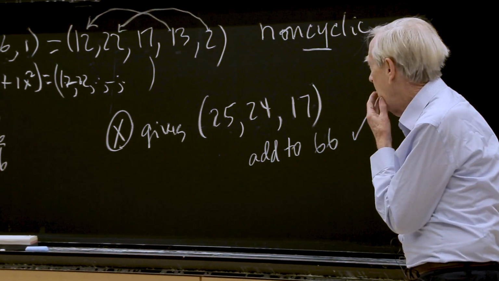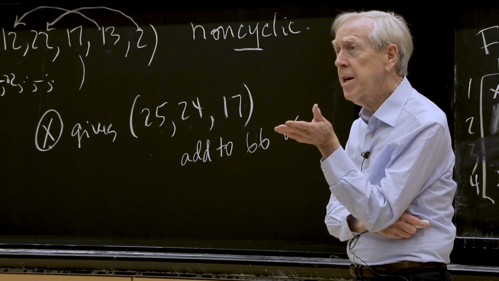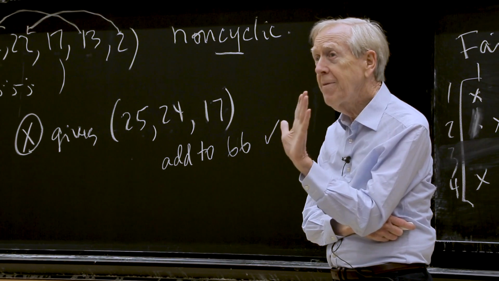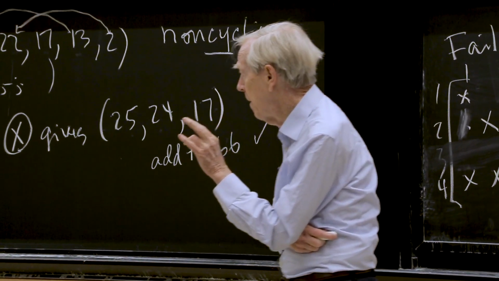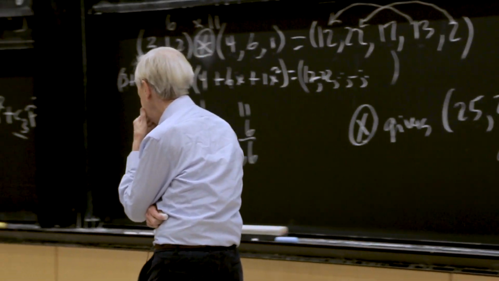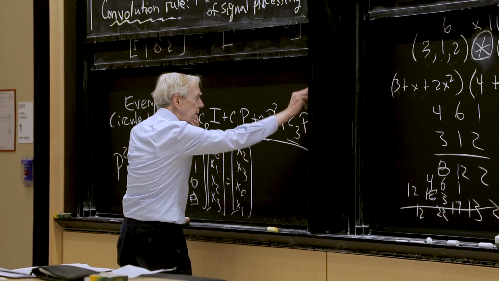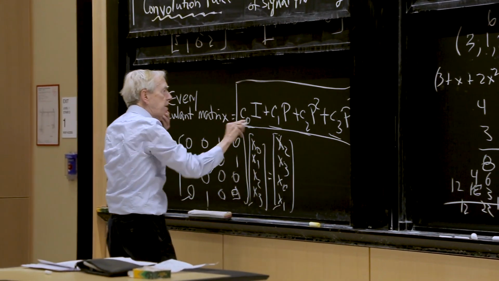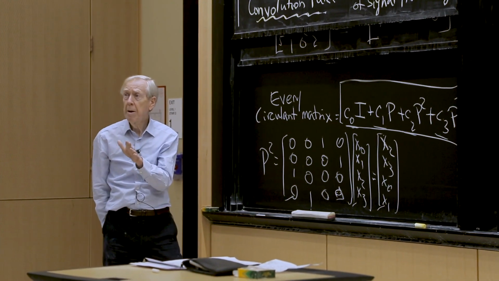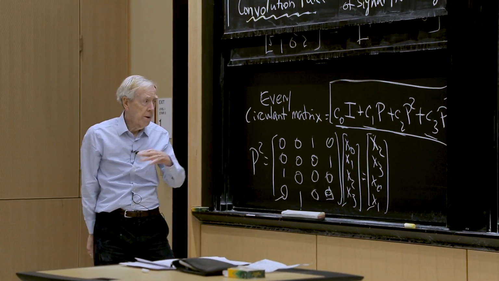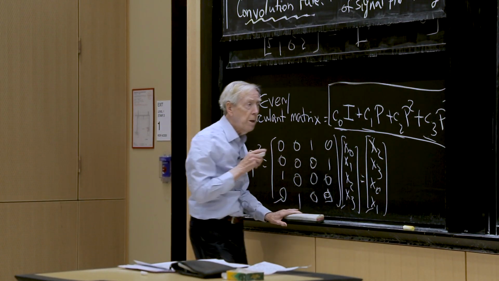Okay. So this is the picture for cyclic convolution. And I just have a few minutes left to tell you about the eigenvalues and eigenvectors of these matrices. So what can you tell me about the eigenvectors? I have a matrix P. It happens to be a permutation matrix, but it's a matrix. Then I take this polynomial in the matrix.